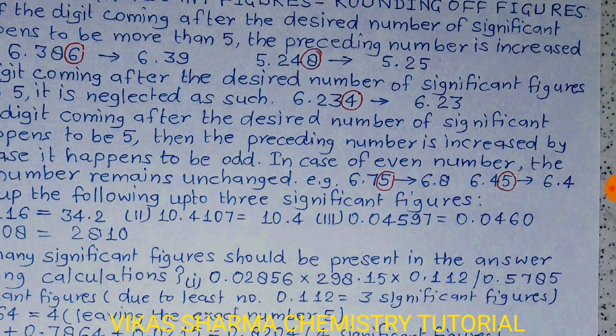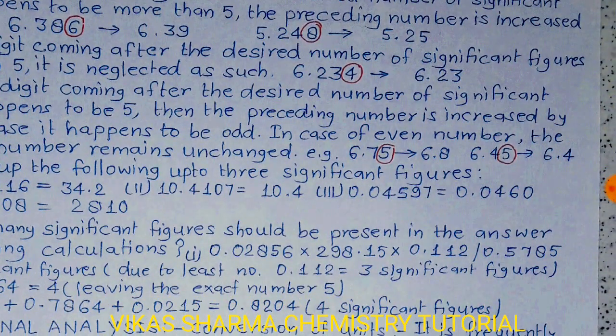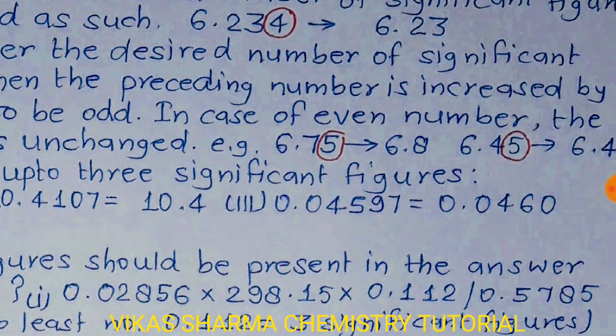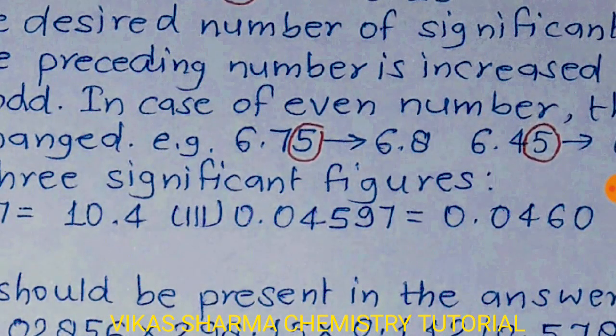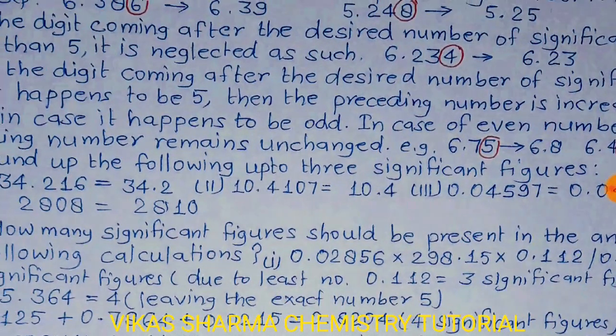In case of an even number, the preceding number remains unchanged. Example 6.75. 7 is an odd number, so 1 is added to it. It is 6.80. 6.45, it is 6.4 because 4 is an even number, so there is no change in the number.